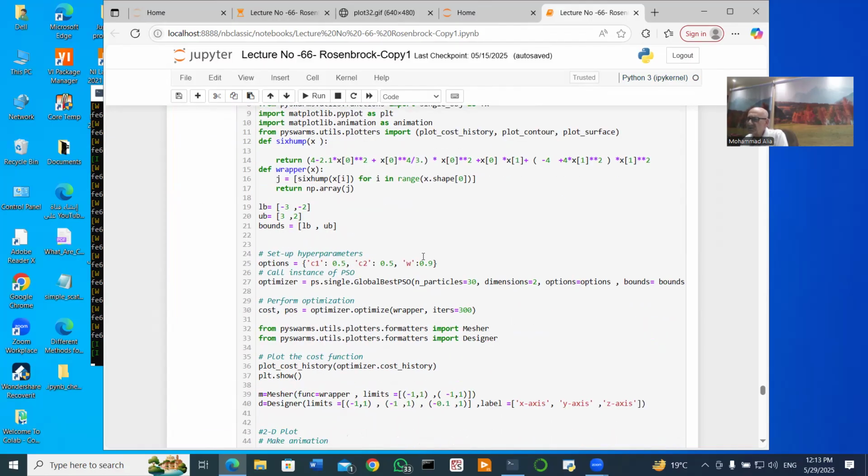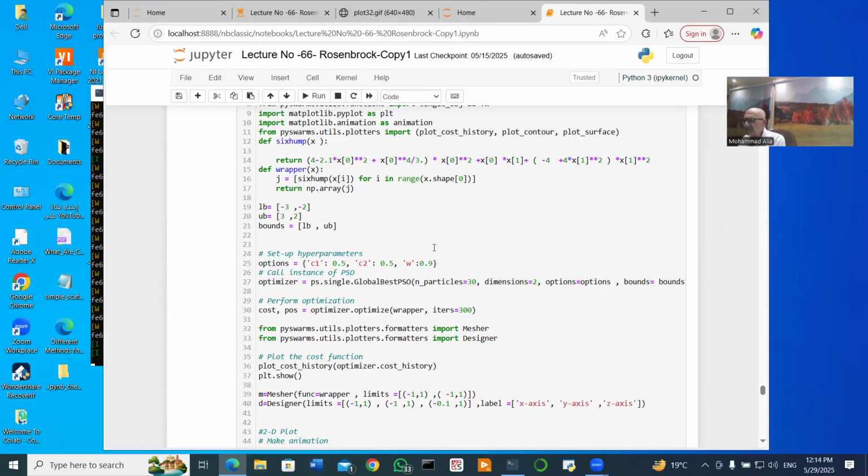As usual, at first, we have defined the six hump function as it is given here. We shall refer to it in the text downwards as a wrapper function. The bounds are between -3 to 3 and -2 to 2 as it is, and it is given variables named l for lower bound, u for upper bound. This is the list which represents the bounds here.